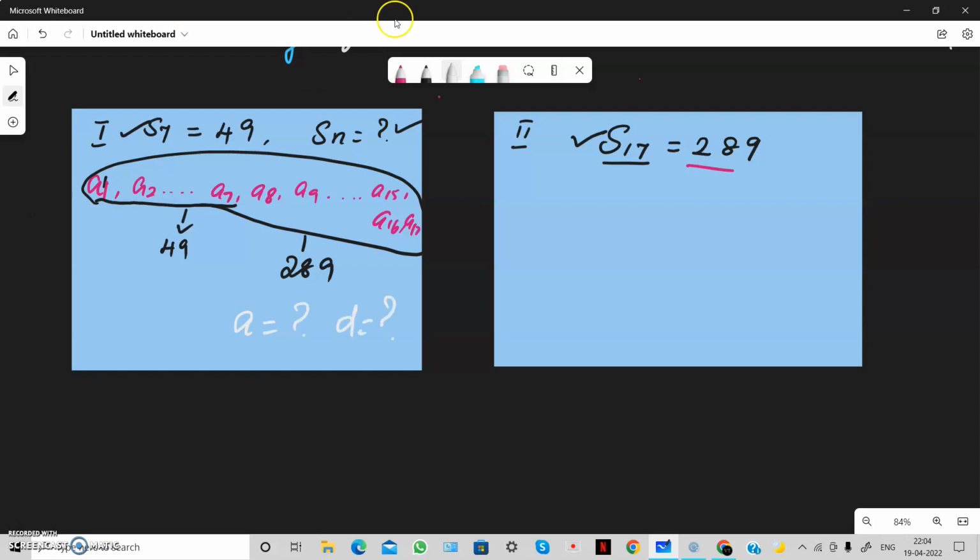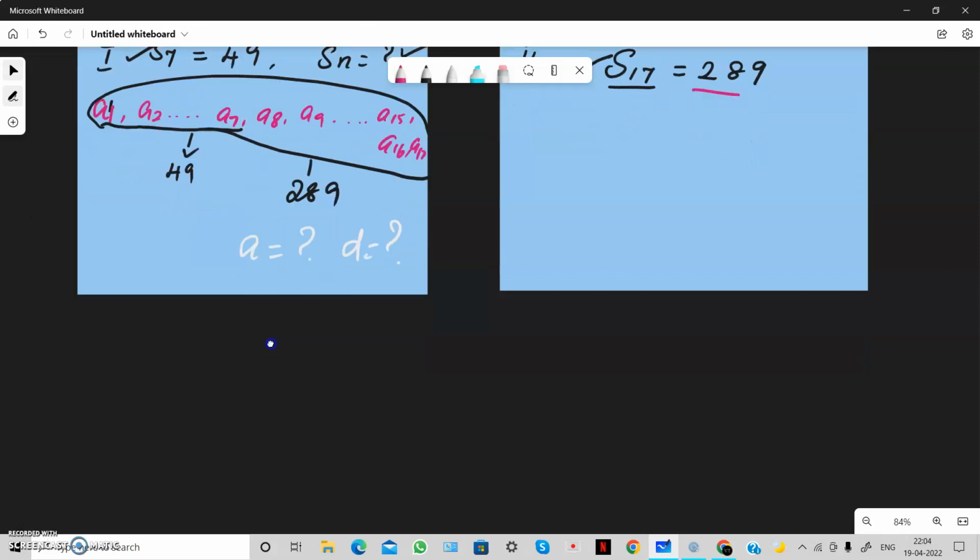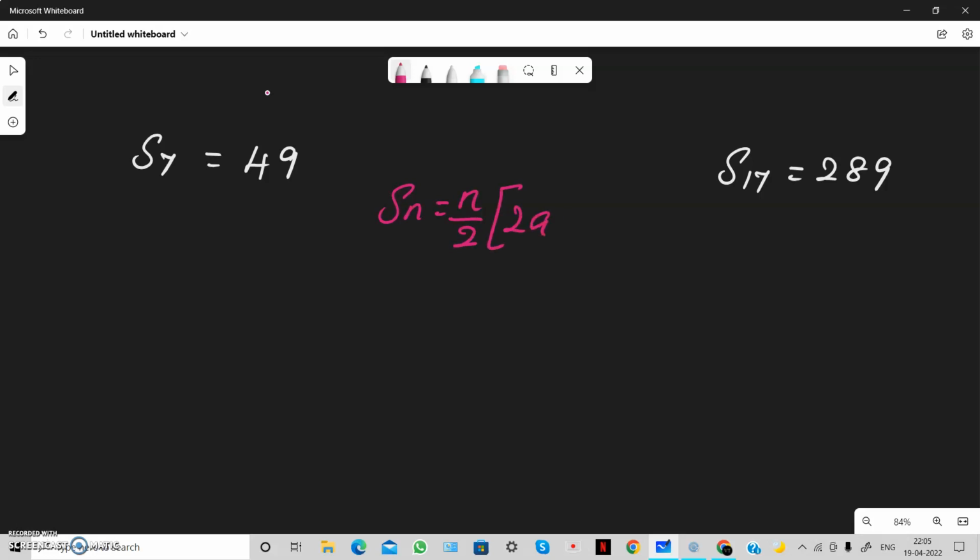Do you understand? So the first case is S7 equal to 49 and S17 equal to 289. What is the formula for Sn, students? That is n by 2 times 2a plus n minus 1 times d.